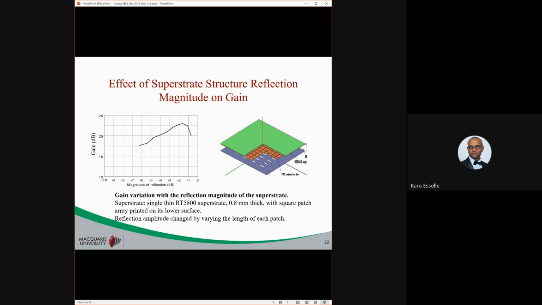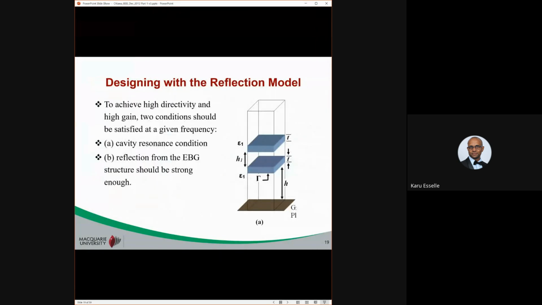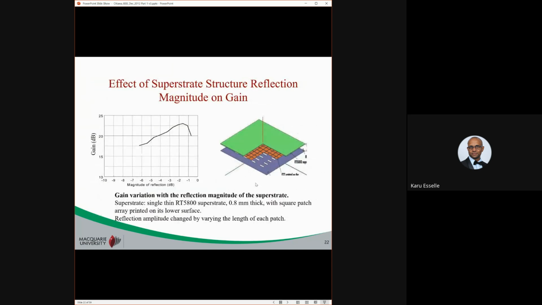Now the reflection coefficient magnitude. I said the second condition is that reflection from the EBG structure should be strong enough. That means this gamma magnitude, previously we looked at the phase of gamma, now we are looking at the magnitude of gamma, should be strong enough. So this is the gain variation of the antenna versus reflection coefficient magnitude.